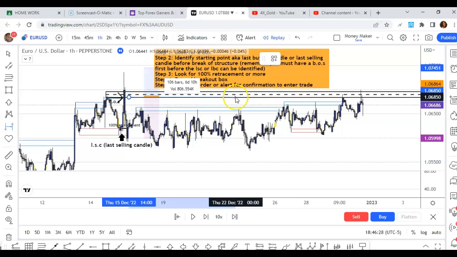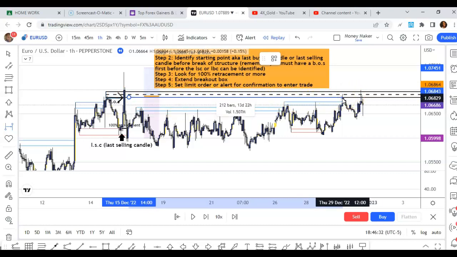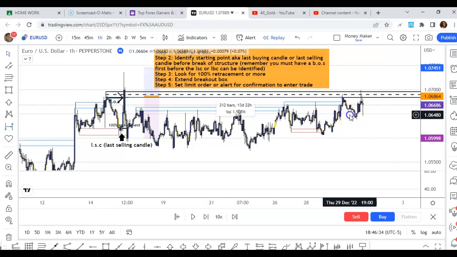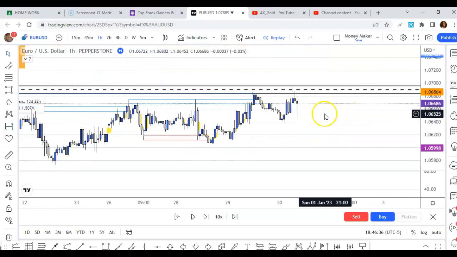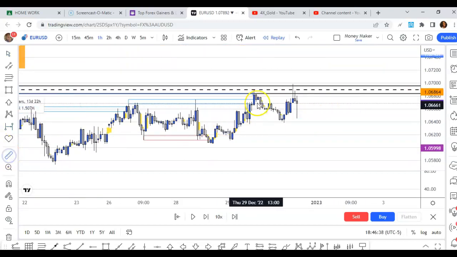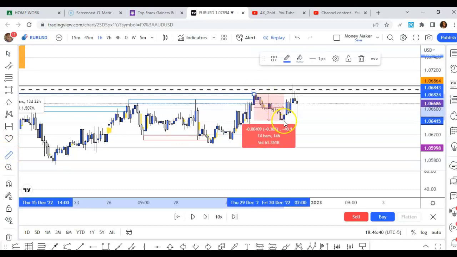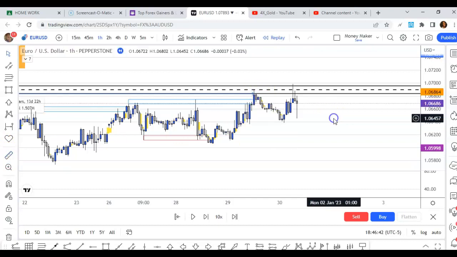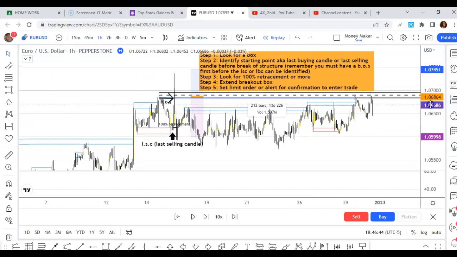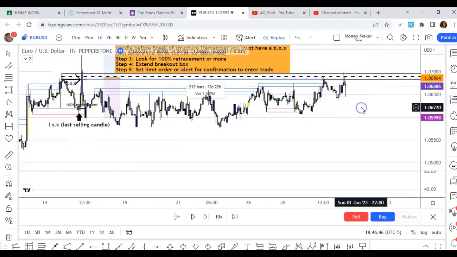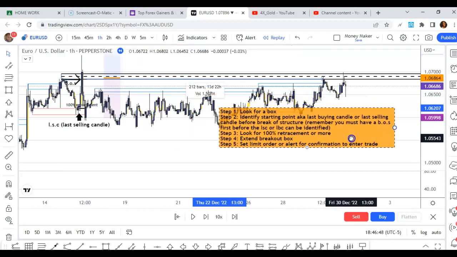So that took at least 2 weeks, I want to say. Yep, about 13 days. But this was an amazing trade. If we would have taken this in real life, we got 40 pips off this trade. So patience pays.